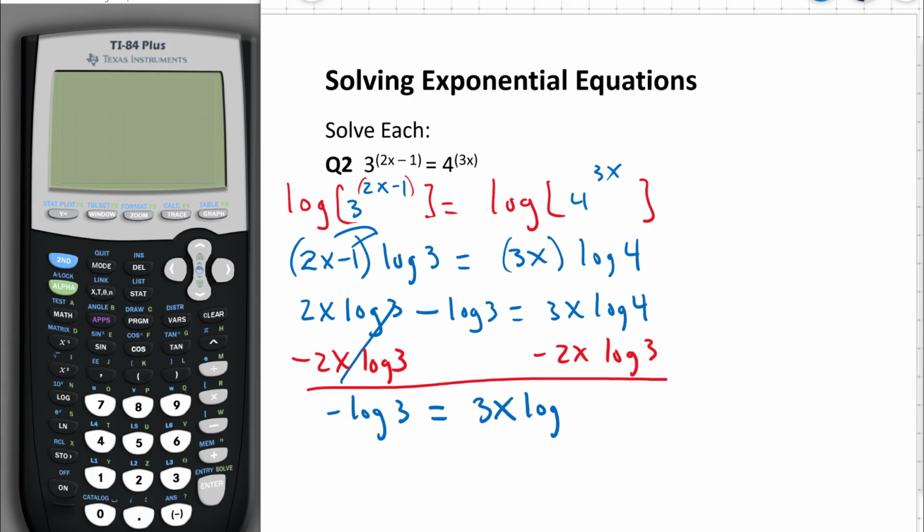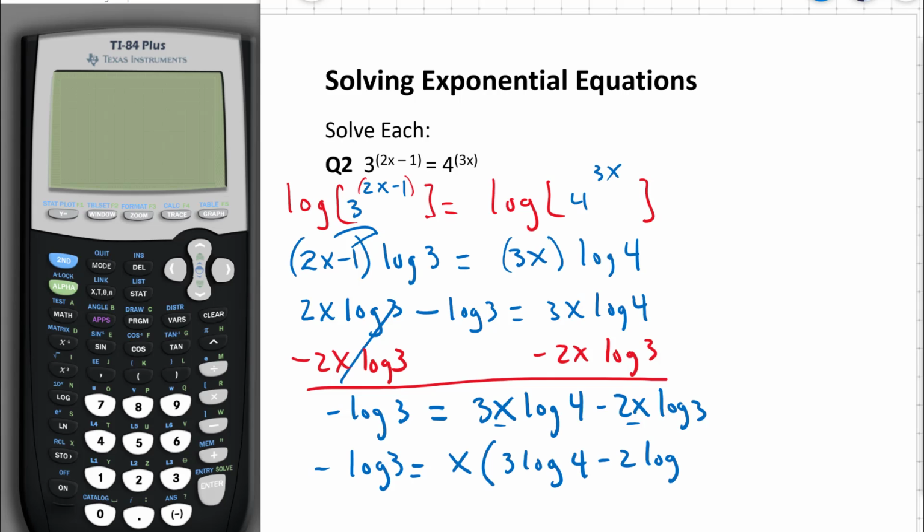3x log 4 minus 2x log 3, and similar to the last problem, I still have two factors of x, but that's easily solved by factoring again. And so I can factor out, I got a single factor of x, and I can go from here to do the next step and just divide by this entire group.